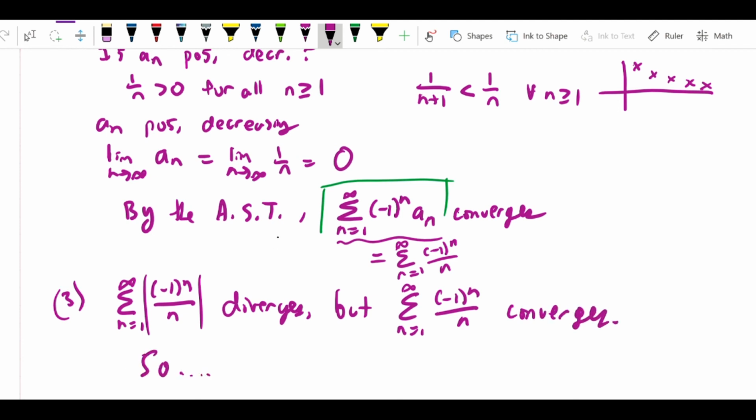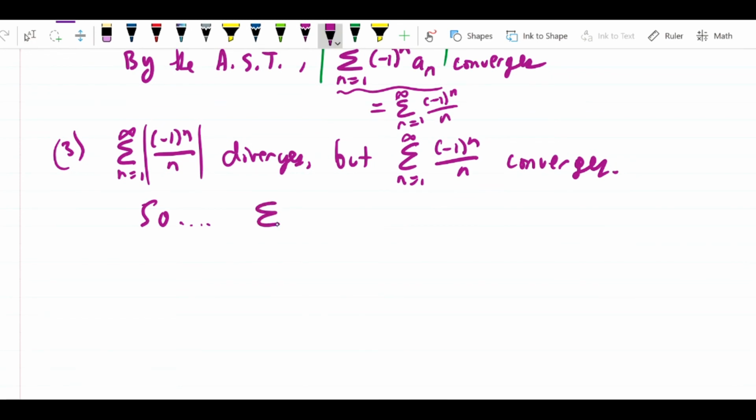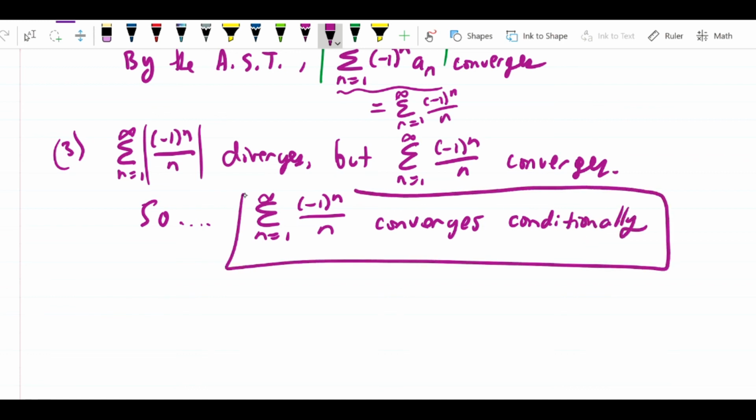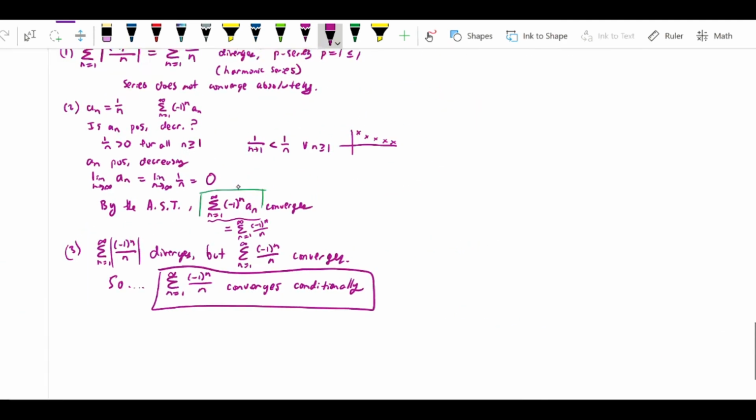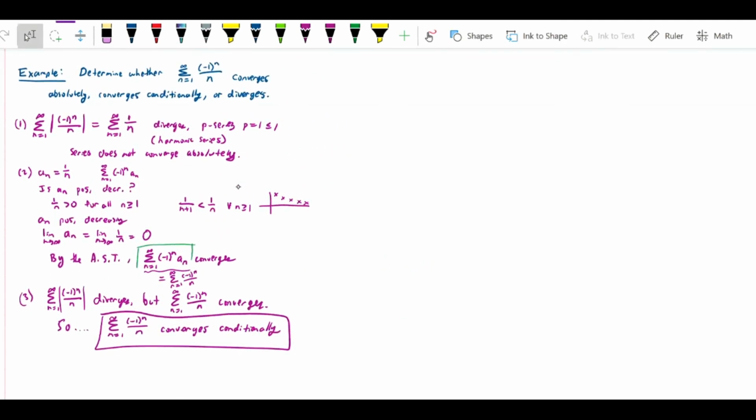So we can conclude that the sum from n equals 1 to infinity of (-1)^n over n converges conditionally. And that's the answer. Let's see if I can fit this whole thing on the page, just barely. There we go.